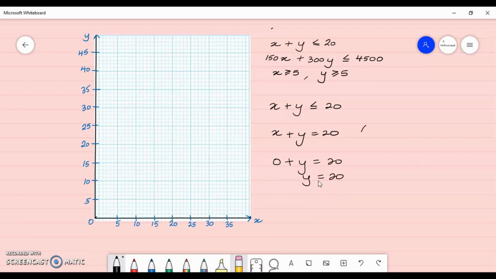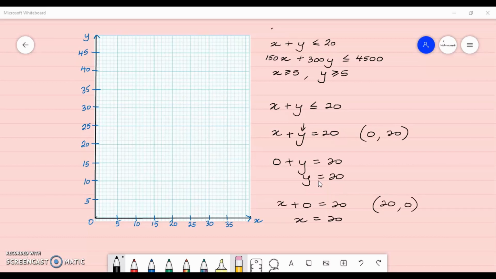So I have my first pair, 0 and 20. Next, when Y is 0, X plus 0 is equal to 20, and I can see that X is going to be equal to 20. So I have my second pair of points.